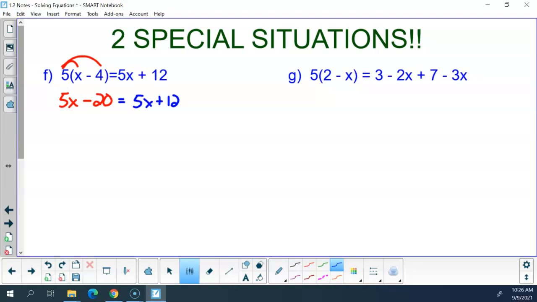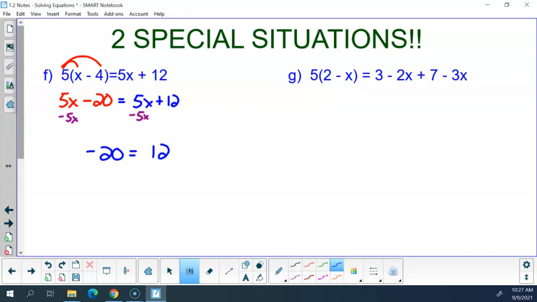Now what? Subtract 5x. That gives me negative 20 equals 12. What's wrong? One doesn't equal the other, right?